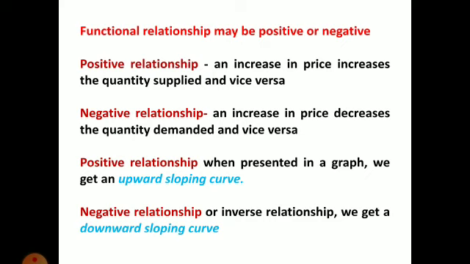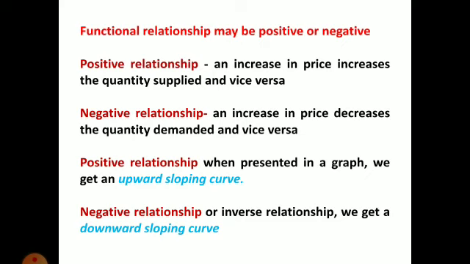Normally, when you say positive relationship, what will be the shape of the curve? There will be an upward sloping curve. Always, a positive relationship shown in a graph gives an upward sloping curve. And remember, students, in the case of negative relationship or inverse relationship, when we show that in a graph, we get a downward sloping curve.